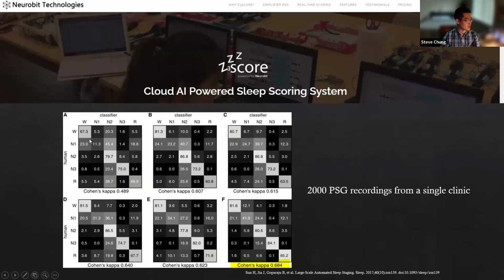You can see that the agreement here is marginal or can be improved. But on graph A, this confusion matrix is taken from a test of 10 patients. As you go down the alphabet, graph F is where it is taken from 1,000 patients. And they've plotted the Cohen's kappa at the 1,000 test subjects to be 0.68.